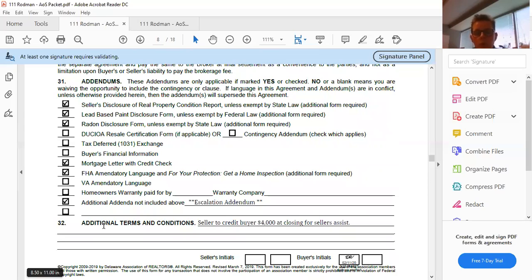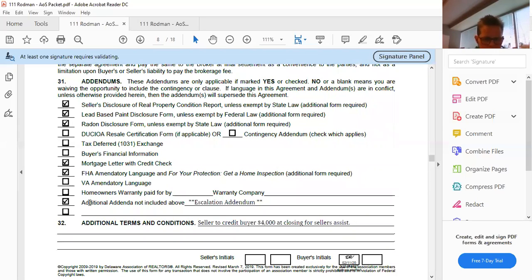This addendum will kind of CYA, covering you, protecting you and the office, because there can be a whole host of problems with people buying houses that they haven't seen. But that is the trend. That's the direction that we're going in this industry.